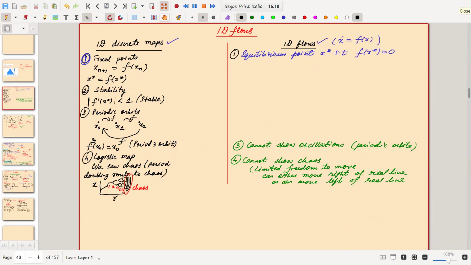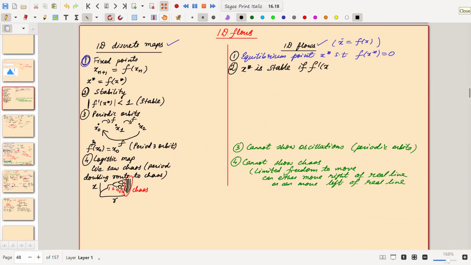We have the flow x dot equal to f of x. Second, x star is stable if f prime at x star is less than 0. Remember x dot equal to f of x, but you are taking the derivative of f. Hope that is clear.